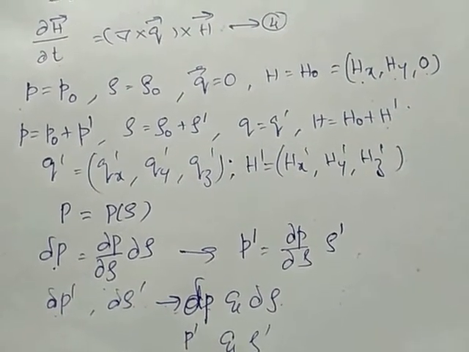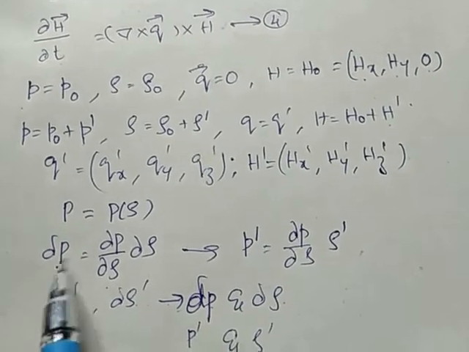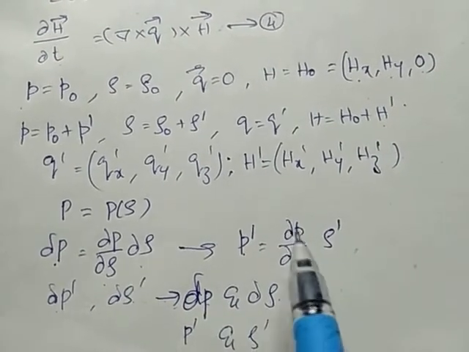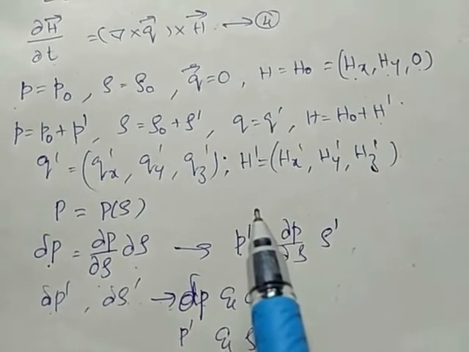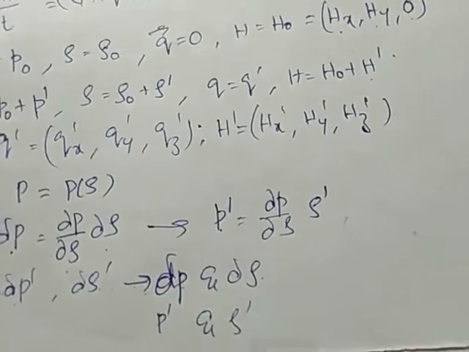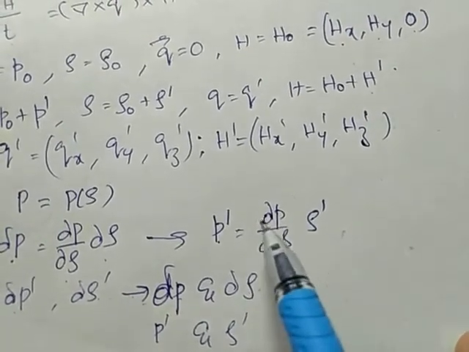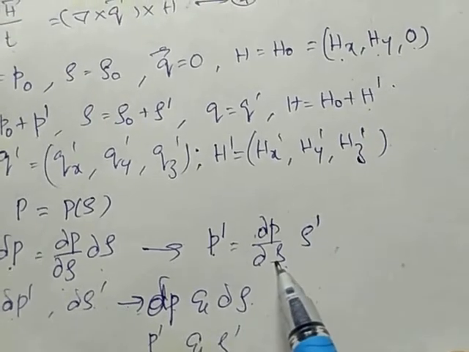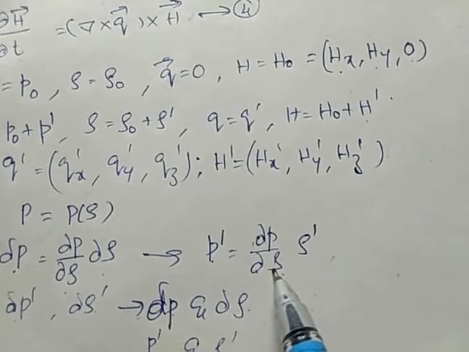Therefore, we can replace dou P by P dash and dou rho by rho dash. We will get this equation. Also, the square root of dou P by dou rho represents the speed of sound in a compressible fluid.